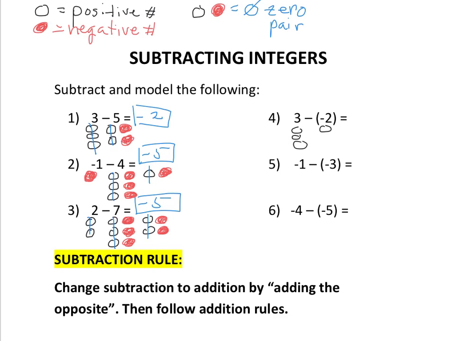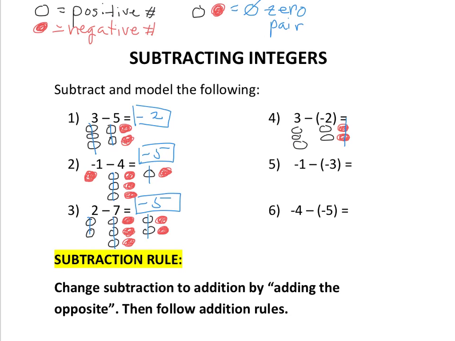So here's 1 0 pair, giving me 1 negative counter. And here's a second 0 pair, giving me my second negative counter. So then this time, I can take away the 2 negatives. So there's your 2 negatives, and count what's left over. 1, 2, 3, 4, 5 positive numbers.